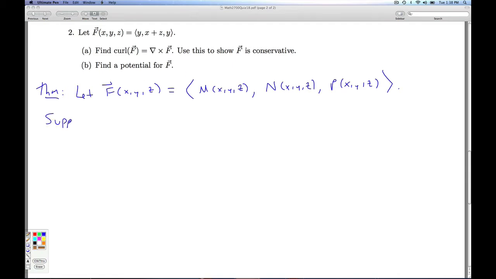Suppose these three component functions, M, N, and P, have continuous first partials in an open ball.